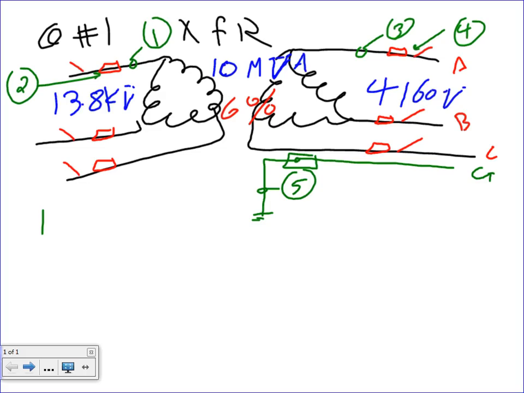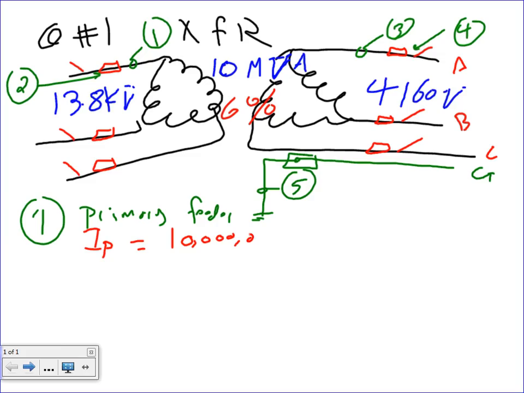Number one, primary feeder. For the primary feeder, guys, if you remember how we do that, look at that, medium voltage, nothing changes. So I primary equals 10 meg, which is actually 10,000,000.